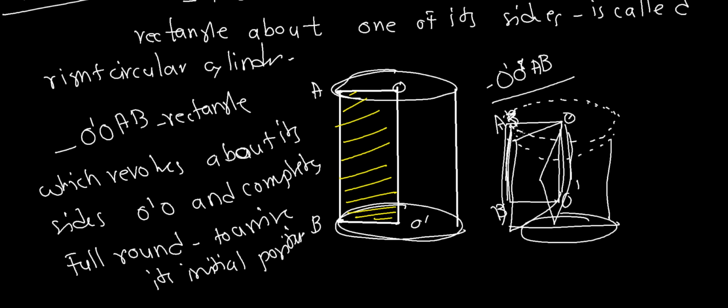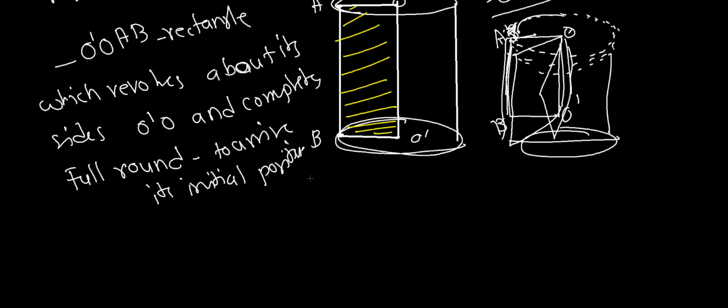So if it completes a round and arrives at the initial position, that makes the cylinder, which is the right circular cylinder. Now, further concepts of this cylindrical figure.